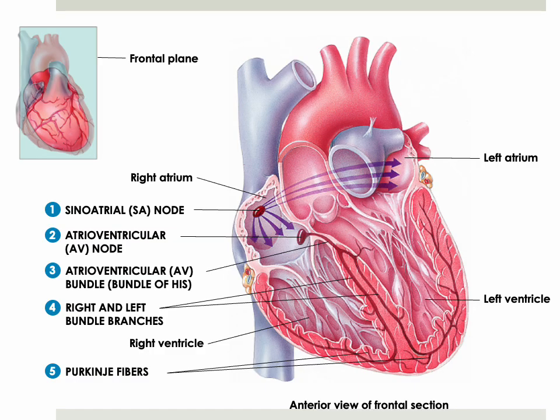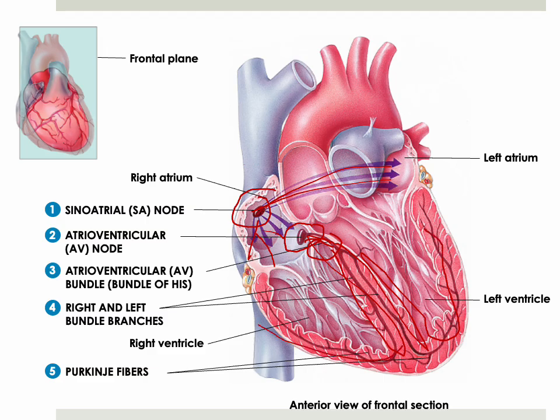Okay, so here we got it. This is the conduction of the heart. Everything starts at the sinoatrial node. That stimulus is going to spread to the left atrium as well, and of course to the right atrium. Then it's going to jump to the atrioventricular node, also known as the AV node. Then it's going to jump to the atrioventricular bundle or bundle of His, and then it's going to spread to the right and left branches, and subsequently to the Purkinje fibers.